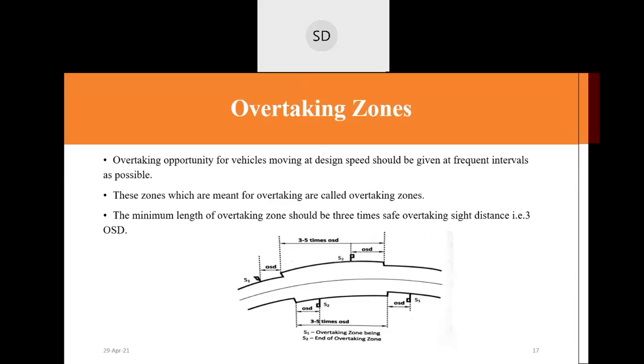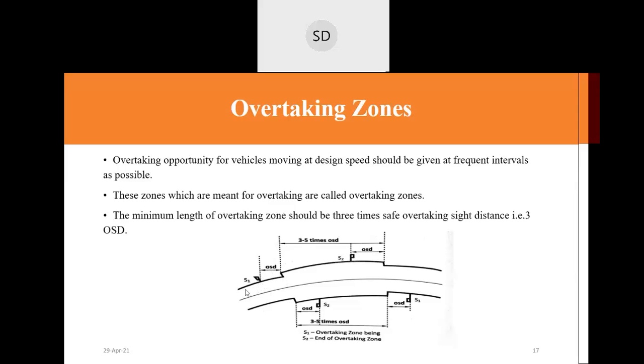Whenever you design an overtaking zone, you have to provide signposts to let drivers know that an overtaking zone is ahead in their direction. One signpost should be provided before the entry of the overtaking zone, at a distance of one overtaking sight distance from the starting point.